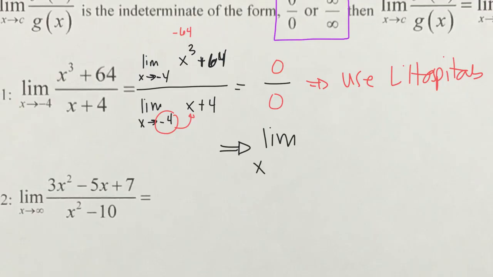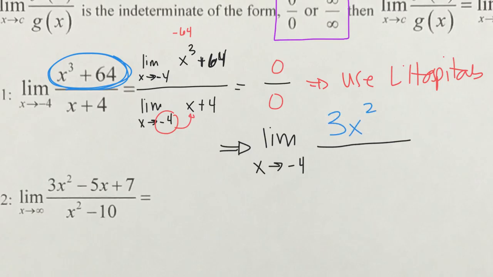So we're still taking the limit as x approaches negative 4, but what is the derivative of x cubed plus 64? 3x squared, right? The plus 64 derivative is 0, so we don't have to worry about that. And then on the bottom, what's the derivative of x plus 4? That's just 1, right?